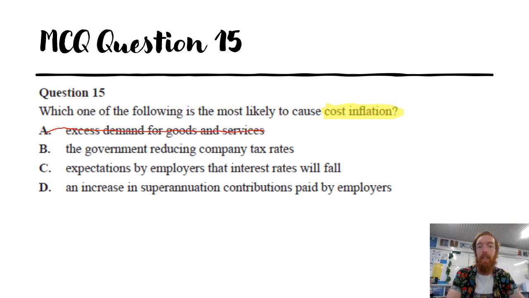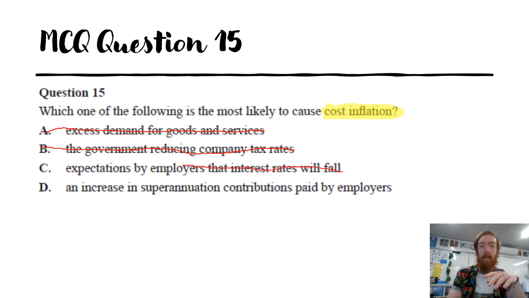The government reducing company tax rates would lower the cost of production for businesses and therefore not lead to cost inflation. Expectations by employers that interest rates will fall, well, that's not going to increase cost inflation because their cost of production is the same, interest rates are the same, and they think they'll get lower in future, so they're more likely to invest in future. So that's got nothing to do with cost inflation.